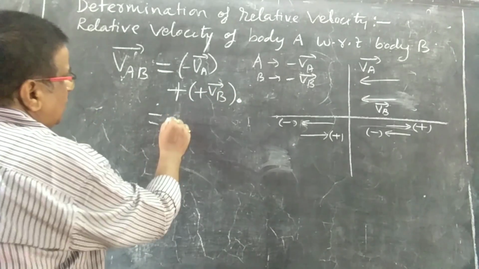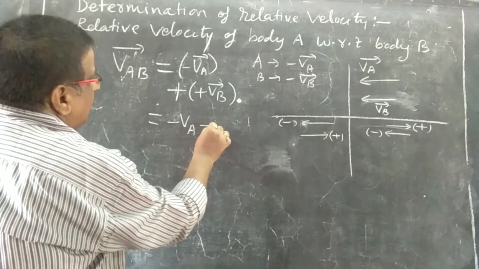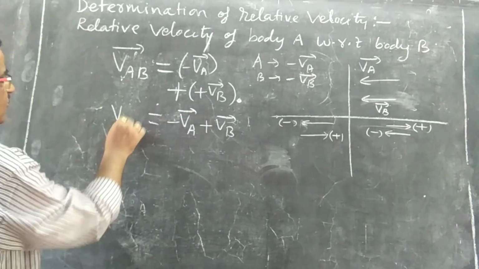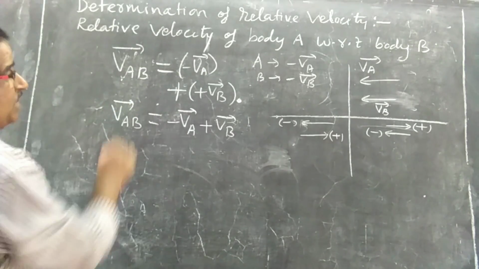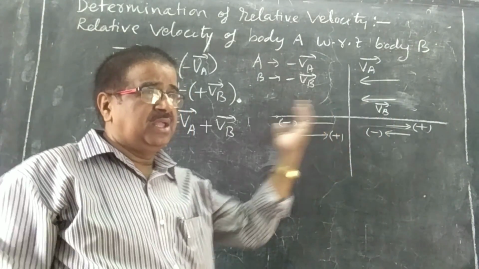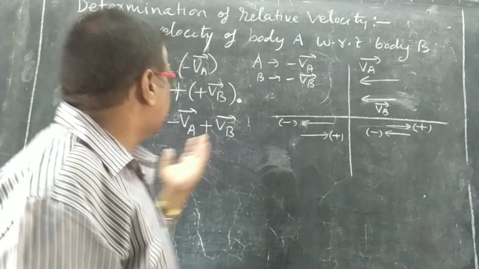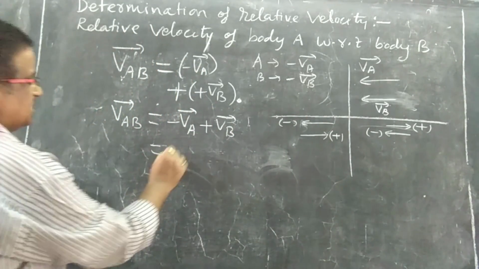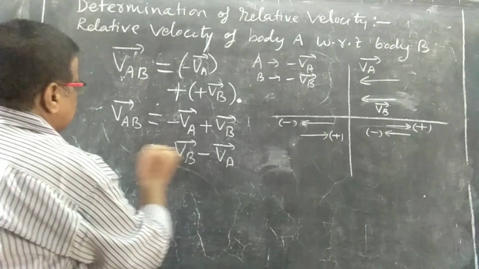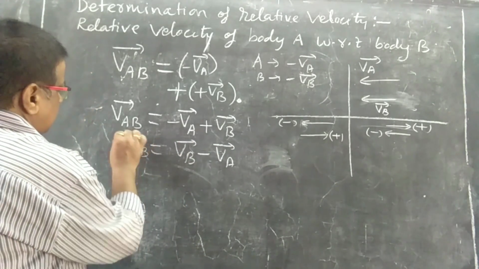Now what is the value? This is minus VA plus VB. This will be the relative velocity of A with respect to B, when both are moving in the same direction but in the negative x-axis. At that time this will be the value. This is VB minus VA. You can write here VB minus VA, VAB.